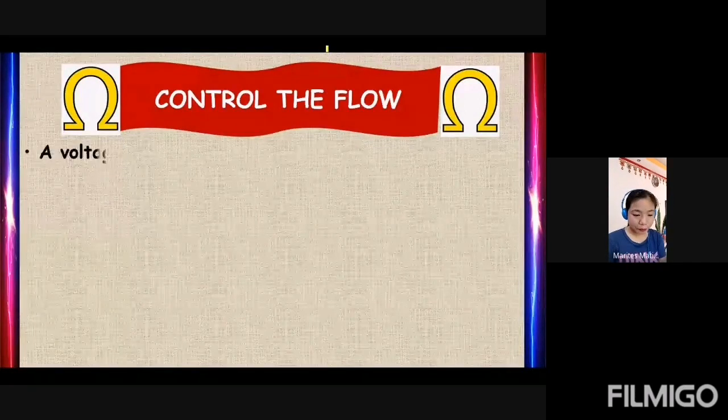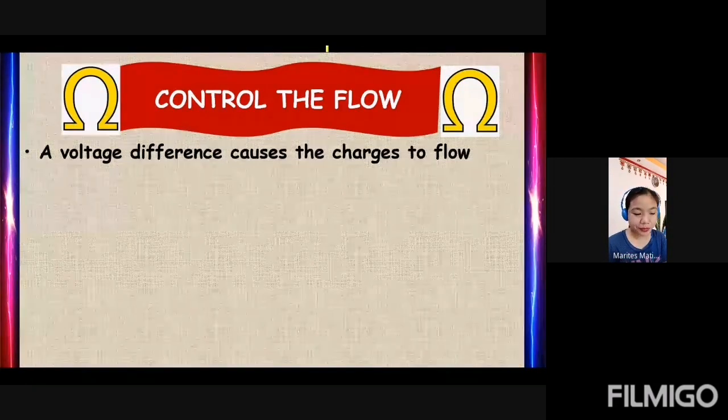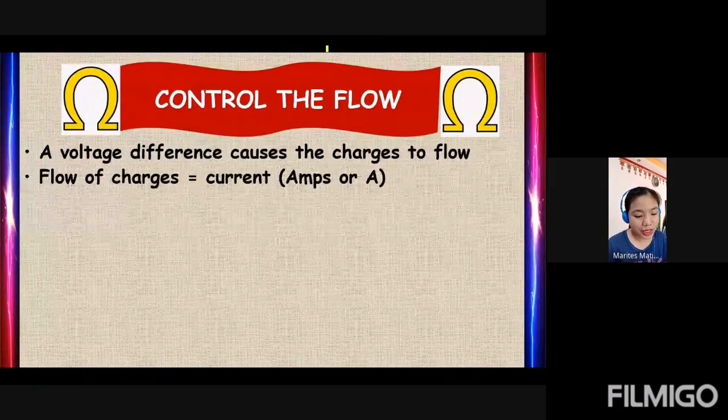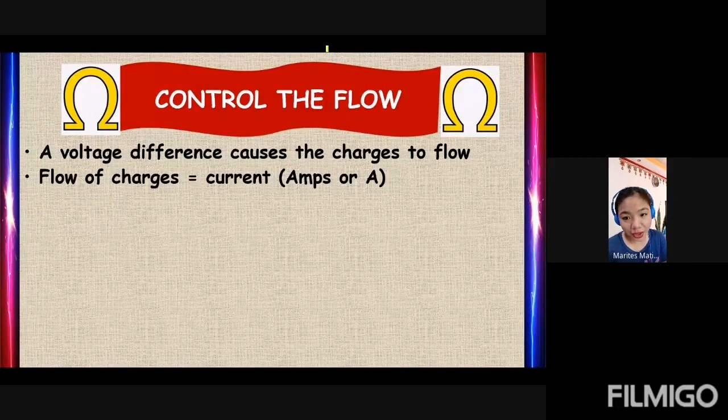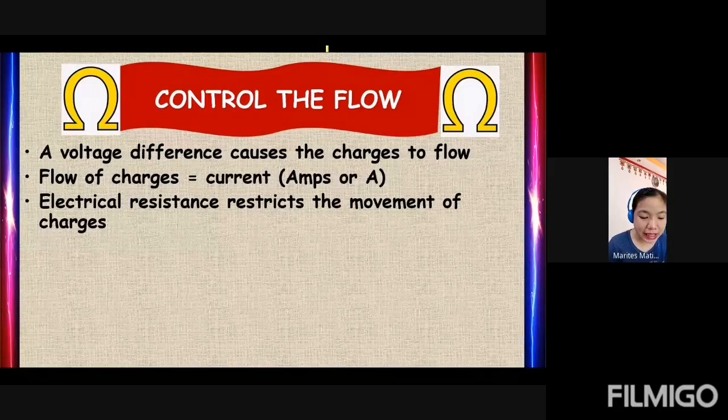So, control the flow. A voltage difference causes the charges to flow. Flow of charges, or yung tinatawag nating current, the unit for current is ampere or A. Electrical resistance restricts the movement of charges.